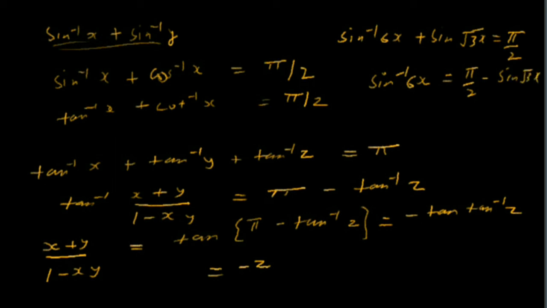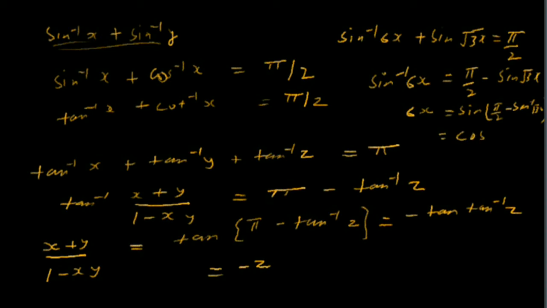Okay, so what we can do now, if we take sine inverse to that side, it will become sine of pi by 2 minus sine inverse root 3x. See, we know that sine of pi by 2 minus theta is cos theta.